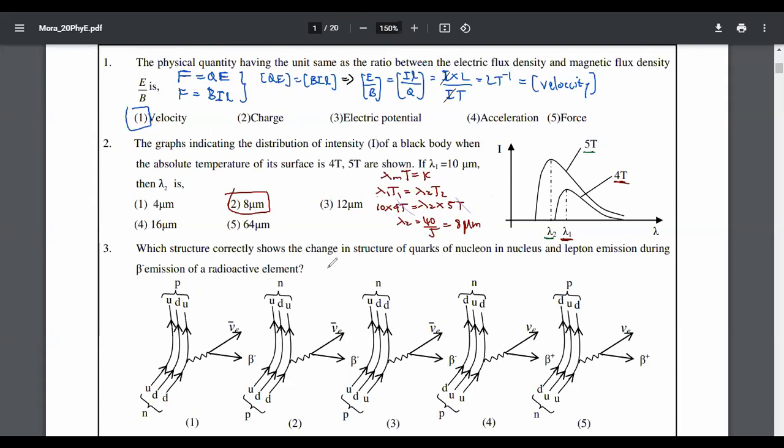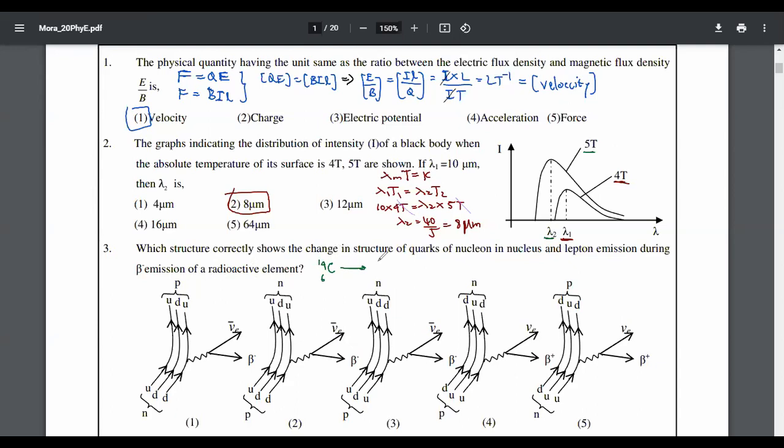Which structure correctly shows the change in structure of quarks of a nucleon in the nucleus and lepton emission during beta minus emission of a radioactive element? Now, beta minus emission, I think anyone who has even a little bit of chemistry knowledge can do it. One of the main examples we choose is the emission from the carbon-14 isotope.